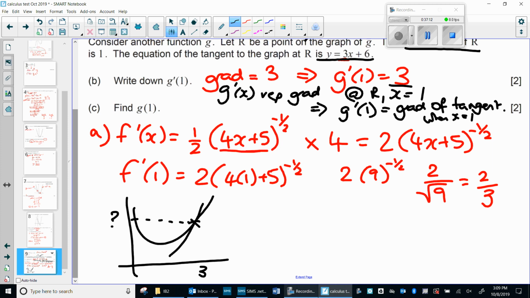Because we have the full equation of the tangent, all we need to do is stick this value of 1 into that, and that will tell us the y value of that point. And that gives us 9. And that's it. Okay?